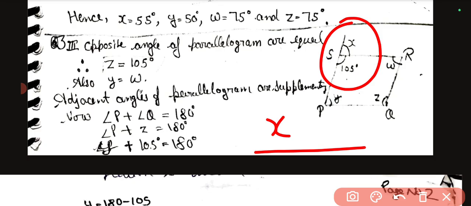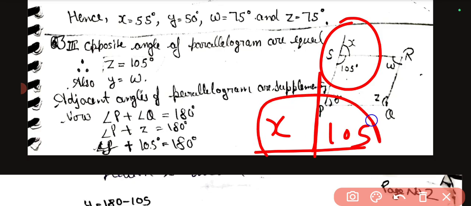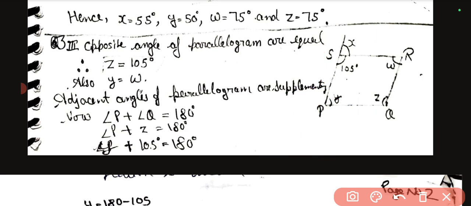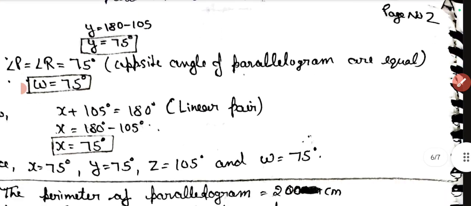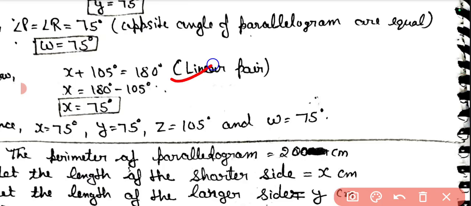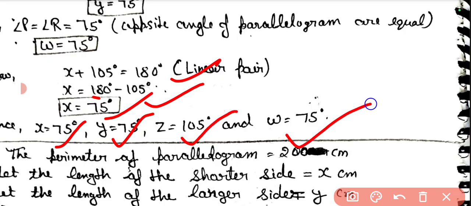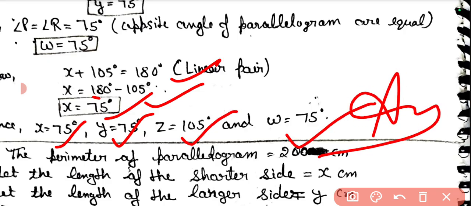So x plus 105, this is a linear pair. The sum of a linear pair is 180. So x plus 105 is equal to 180, or when you subtract 105 from 180, you get x is equal to 75. So the value of x is 75, y is 75, z is 105, and w is equal to 75 is the answer.